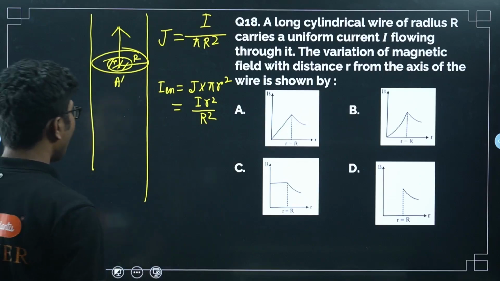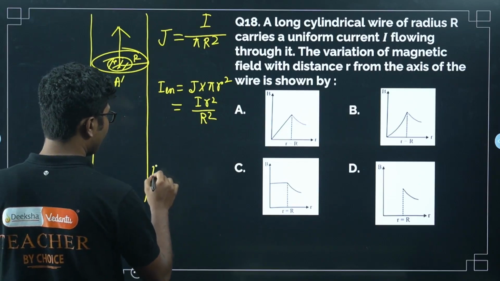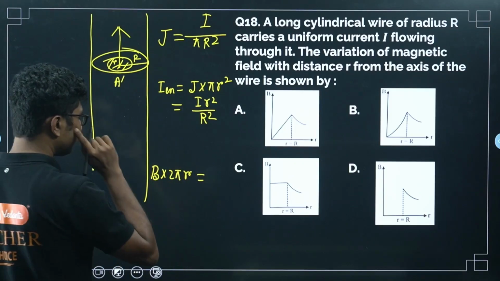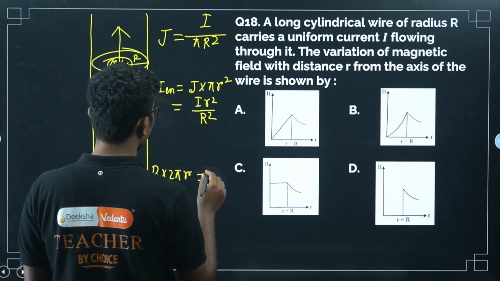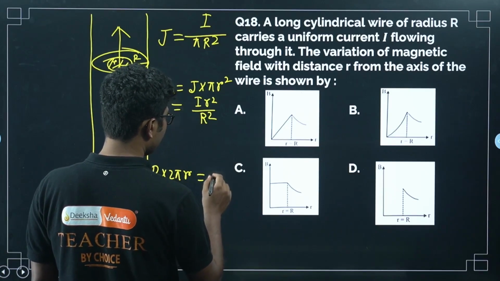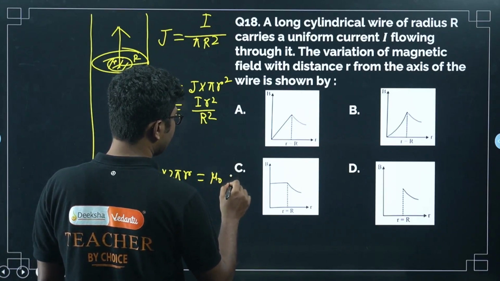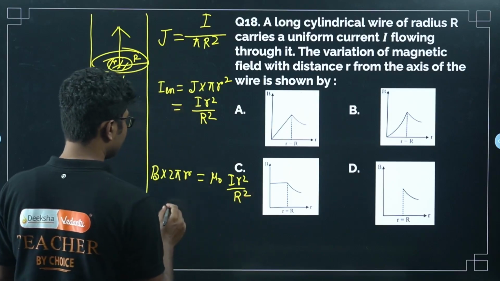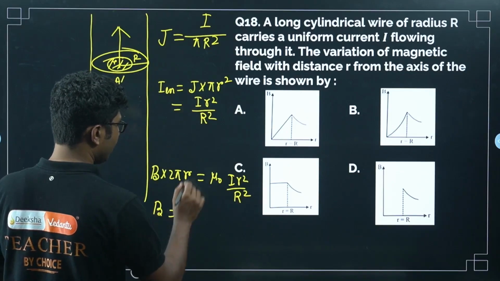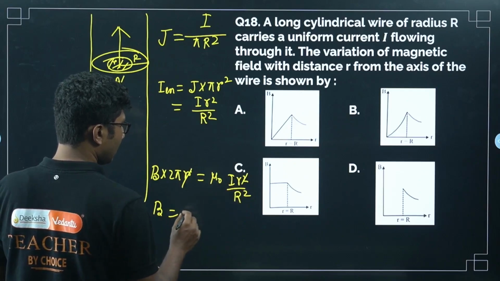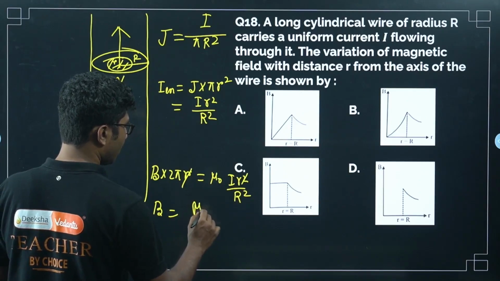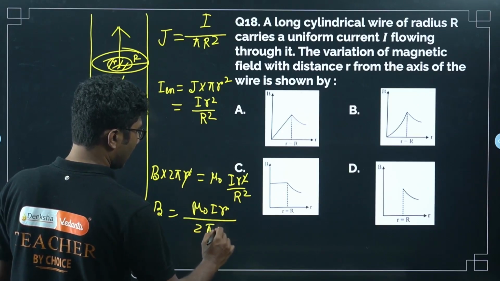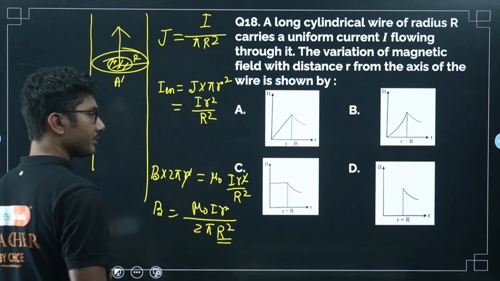Now from Ampere circuital law, we know that B times 2 pi r equals mu naught I enclosed. I enclosed is I times small r square by r square. So B equals, one of the r will cancel, mu naught I r divided by 2 pi r square. Now remember, this r square is constant, right?